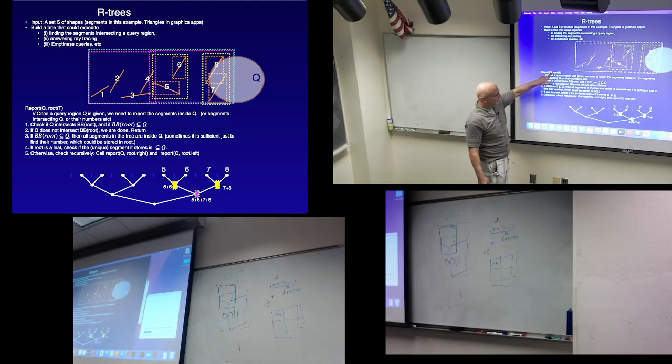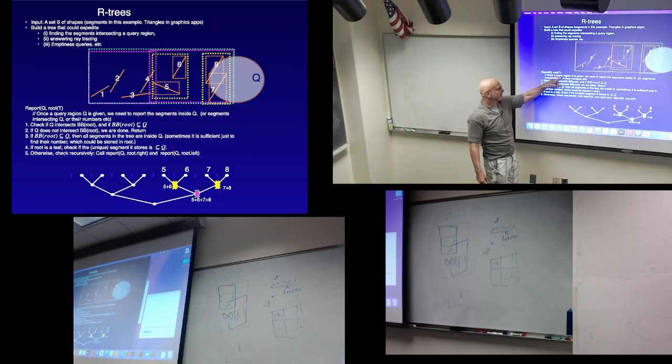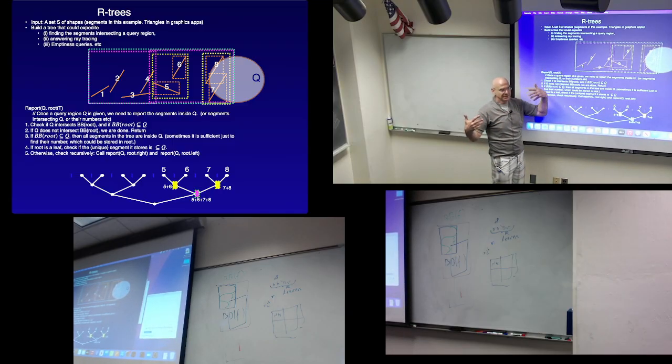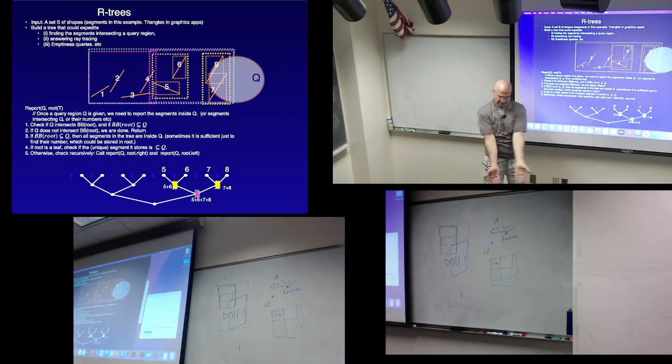Given the query region and the root of the tree, I'm caring about three general cases. Either the bounding box at the root and Q are disjoint, far away from each other, just like in the quad tree, or the bounding box of the root is fully contained inside the query region.